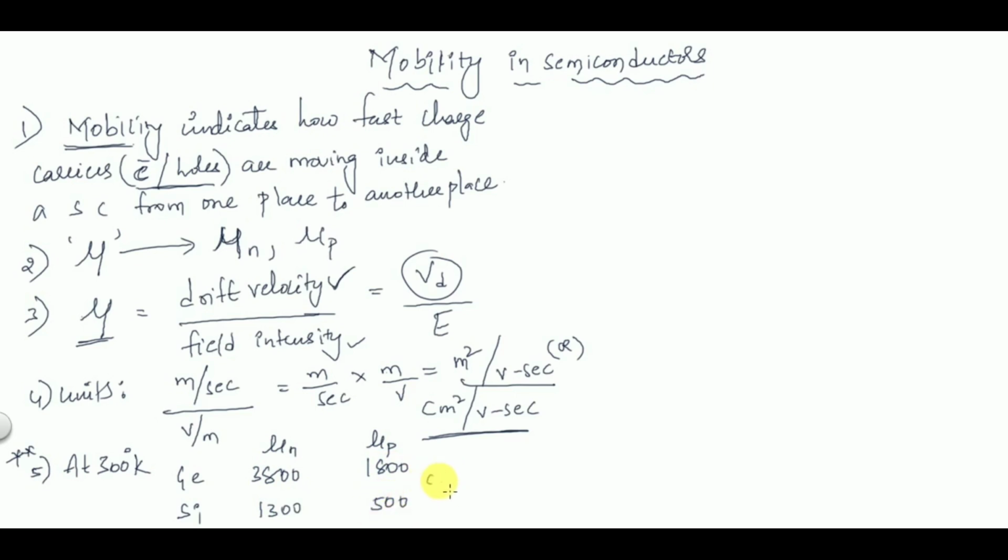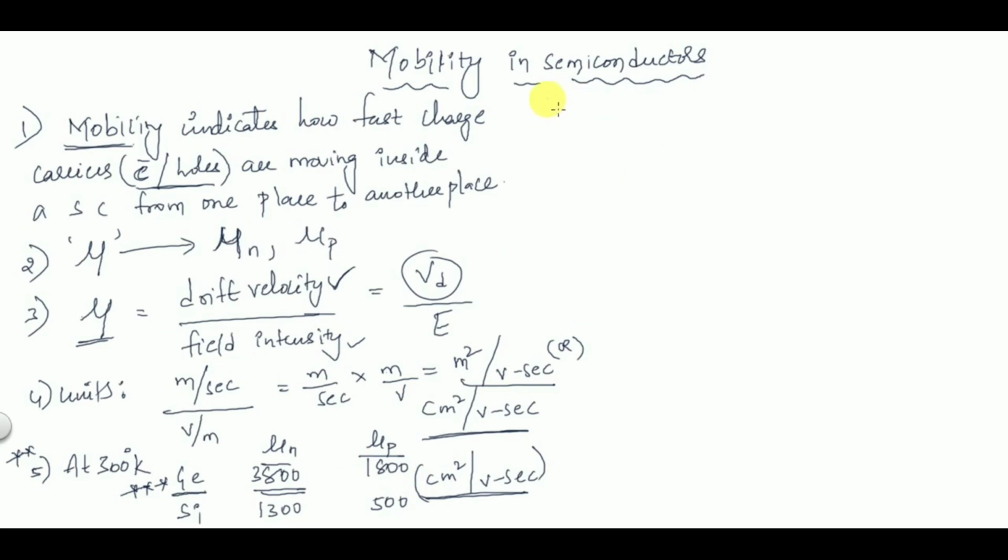Centimeter square per volt second. So these are the values which you have to remember for UGC NET exam. Very important. They may ask you the electron mobility of germanium at 300K. So it is 3800 centimeter square per volt second. So always units also very important. Okay, so just remember that.